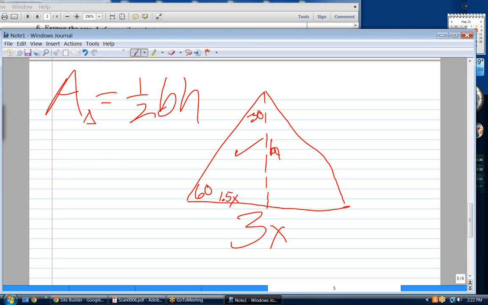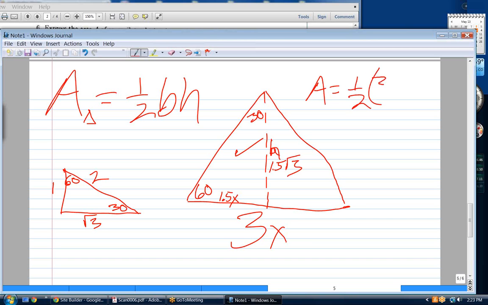Let's see. So here's our normal 30-60, whose dimensions are 1, root 3, 2. So in this case, opposite our 30 is 1.5. So what is opposite the 60? That'll be root 3 times 1.5. Okay, 1.5 root 3. And now the area of this triangle is 1/2 the base times the height.